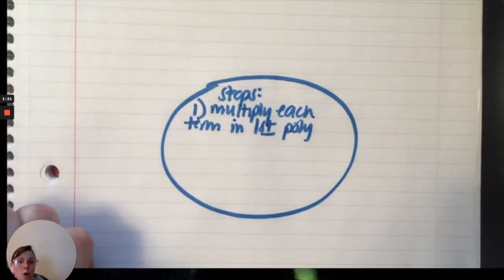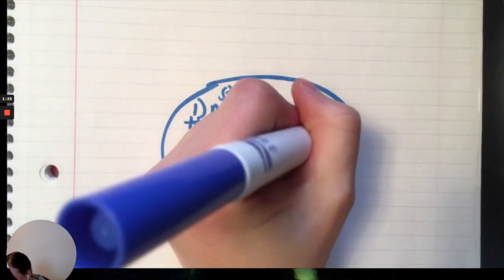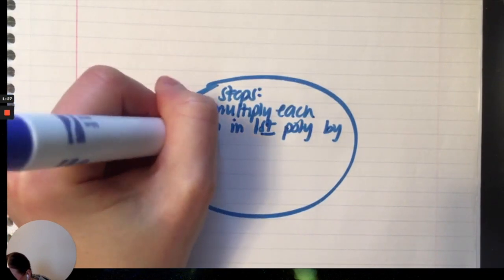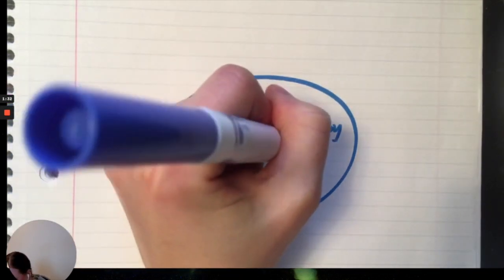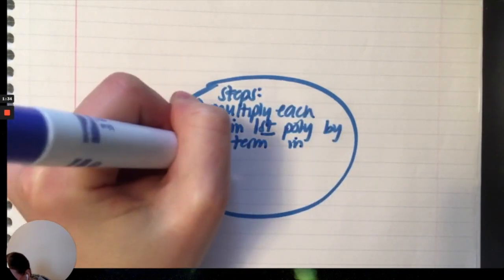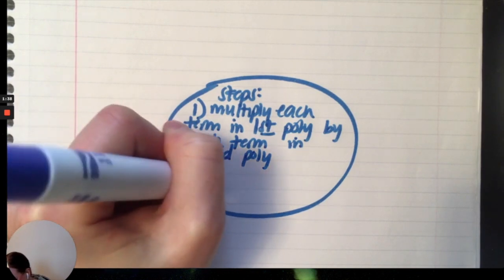Again, we're going to say polynomial a lot, so if you want to abbreviate with poly, go for it. Polynomial by each term in second polynomial, and then we're going to combine like terms.